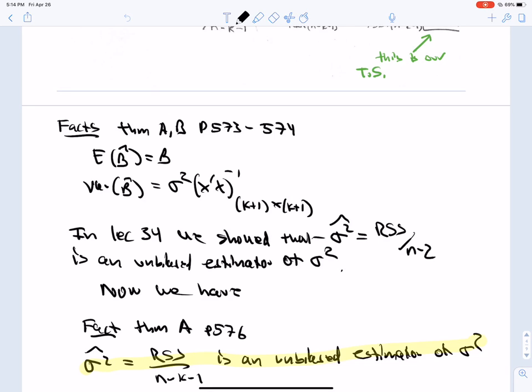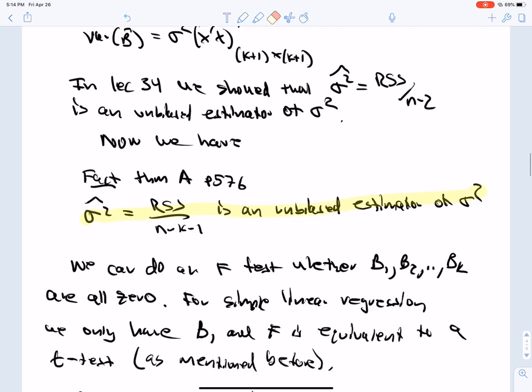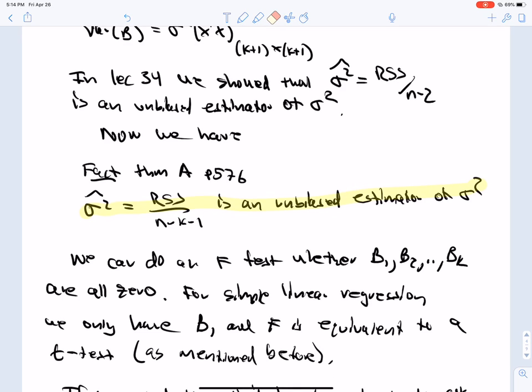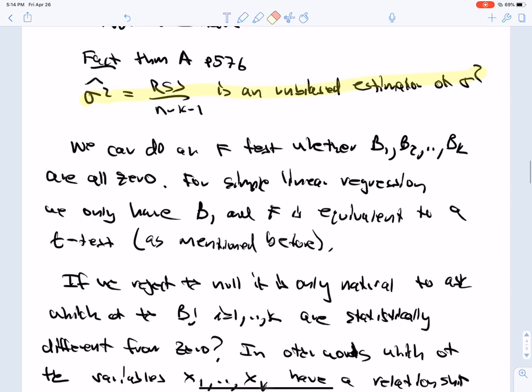In lecture 4, we showed that sigma squared hat equals RSS over n minus 2 is an unbiased estimator of sigma squared. Now we have that sigma squared hat equals RSS over n minus k minus 1 is an unbiased estimator of sigma squared, because k now is no longer 1 necessarily.